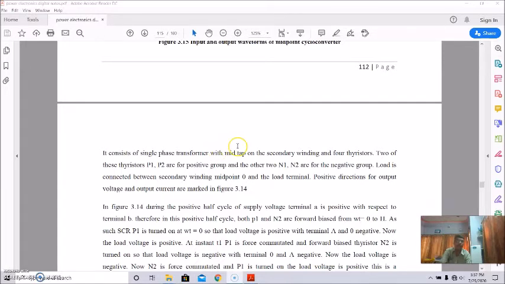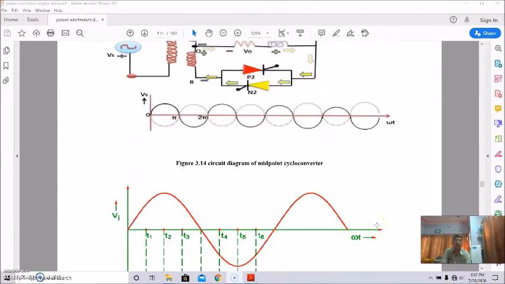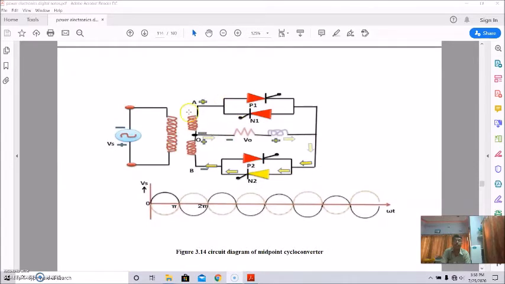Therefore, in the positive half cycle, both P1 and N2 are forward biased from omega t equal to 0 to pi. This one is for the positive half cycle, this P1 is forward biased, and this N2 is also forward biased. The current will be like this.